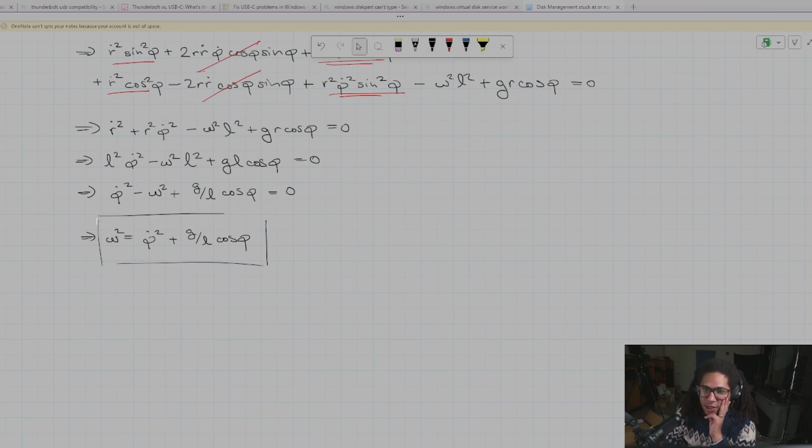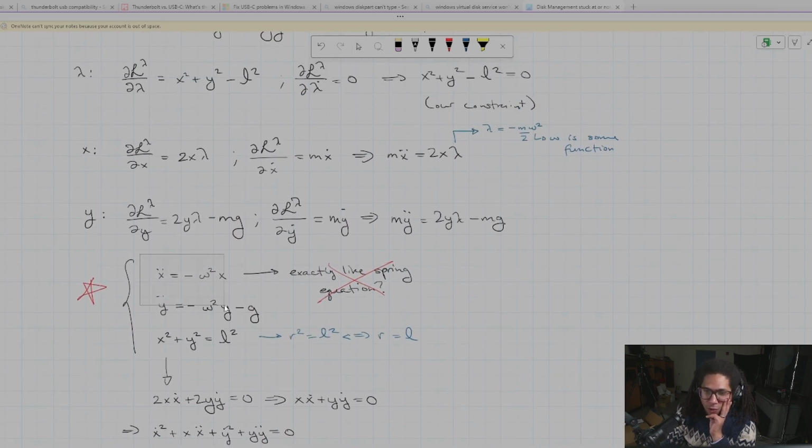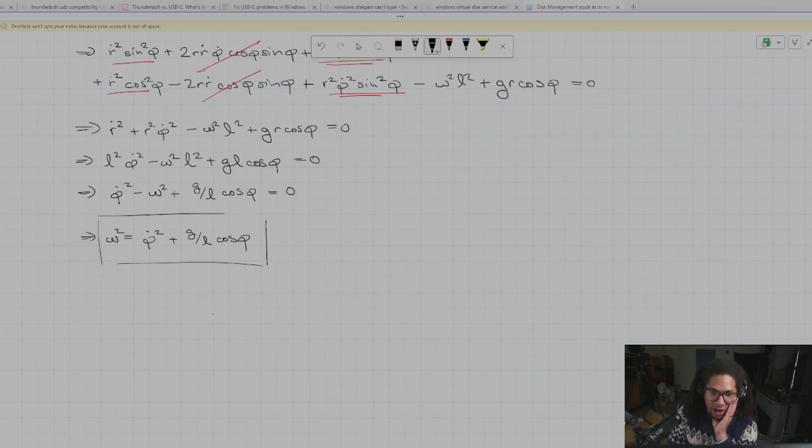And the reason I'm boxing that equation is because now I'm going to go back to my original equations. Okay, let's go back to my original expression for x now. I had x double dot was equal to minus omega squared times x. Now what I'm going to do is solve, as I had before, for x in terms of r and phi.